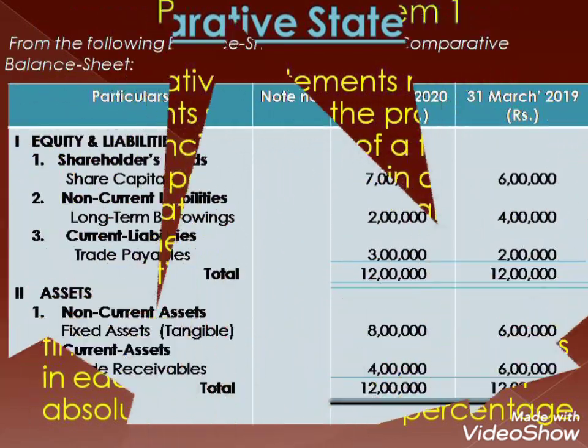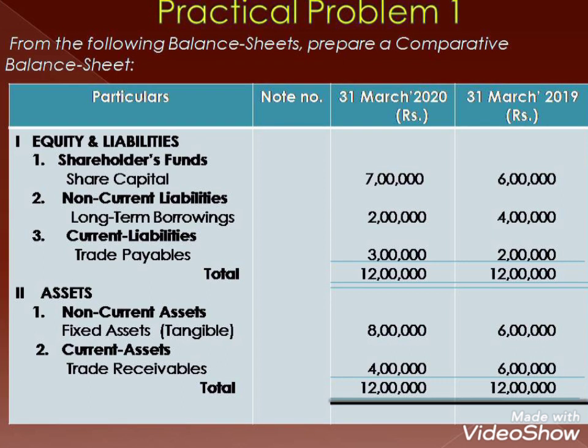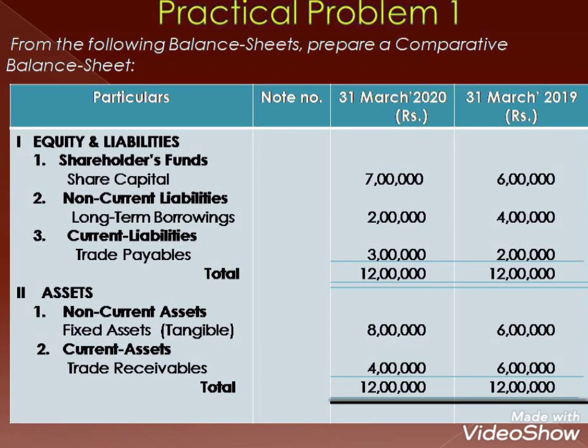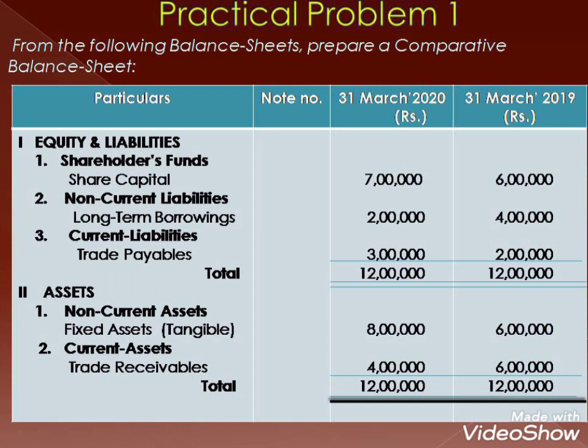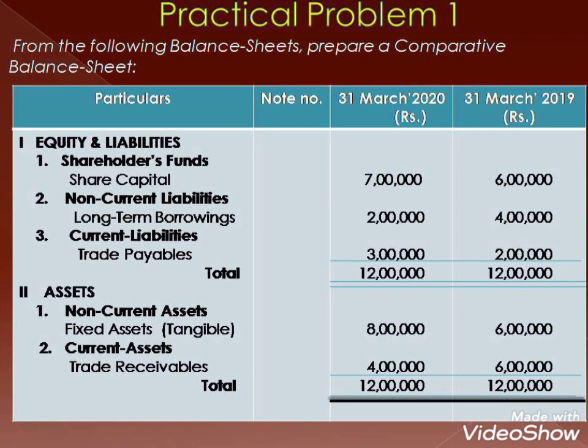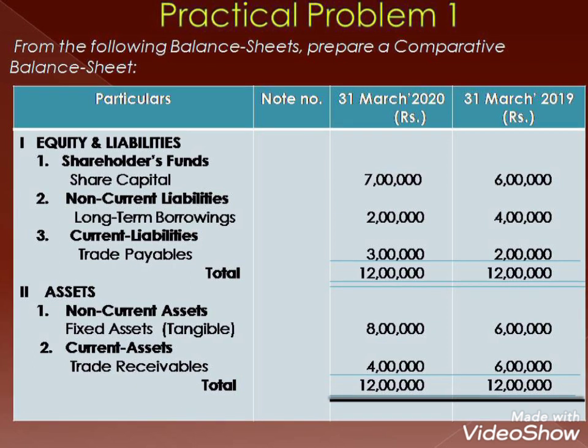Now, in the practical problems, first of all, we are going to prepare a comparative balance sheet. As you see, there is a question given consisting of two balance sheet dates of 31st March 2019 and 31st March 2020. In the equity and liabilities section, in the first major head, shareholders funds, share capital is given rupees 6 lakh and rupees 7 lakh for the year 2019 and 2020.